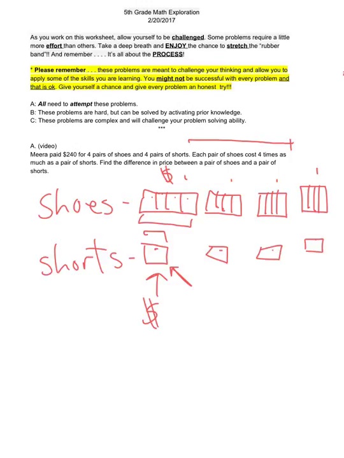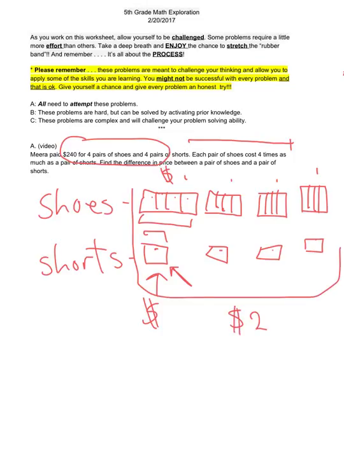Now if we take a look at the clues again, she paid $240 for all of this. So that means, as I'm kind of out of room over here, that means everything right here is worth $240. Well, we know we want to try to figure out what each of these units are worth.